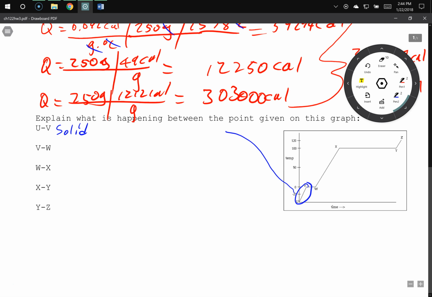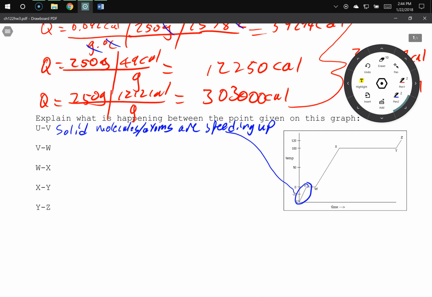Solid. I don't know. We can say, since it's a solid, they're speeding up in place, which you could add.